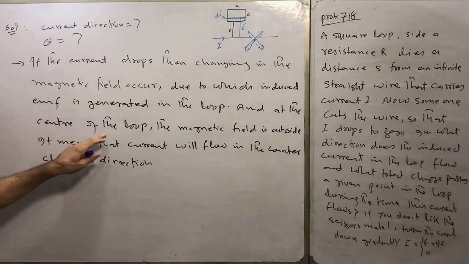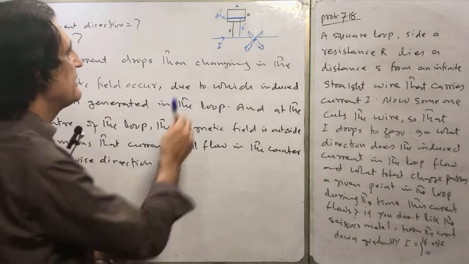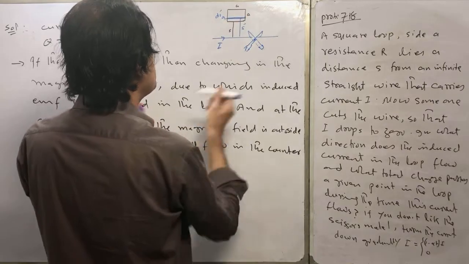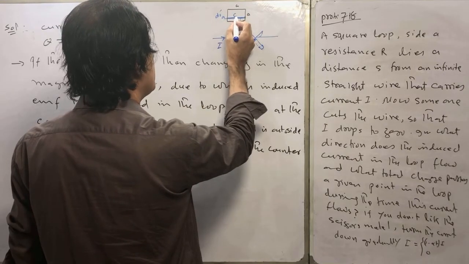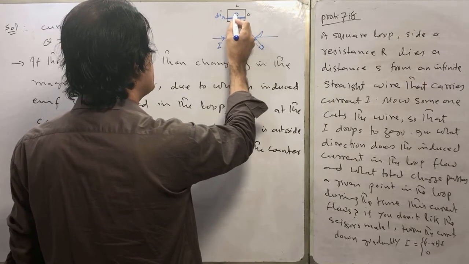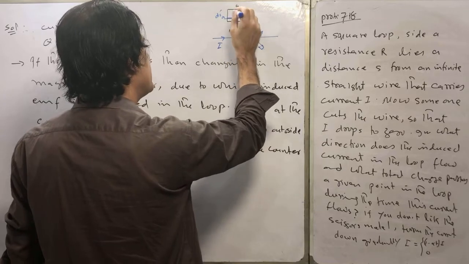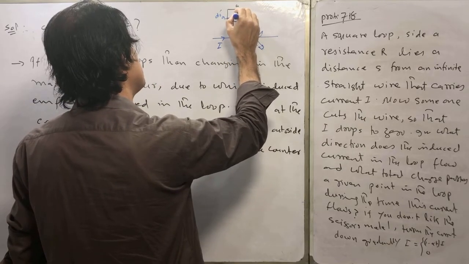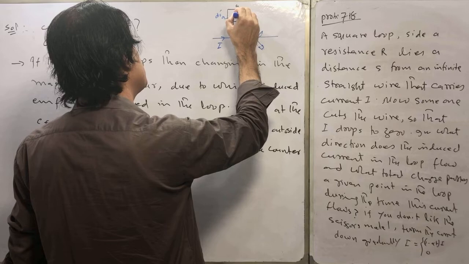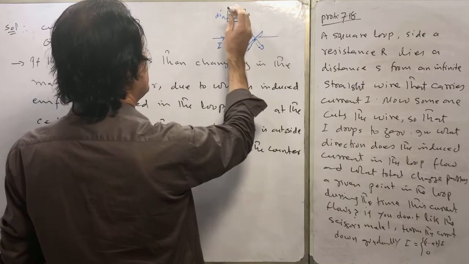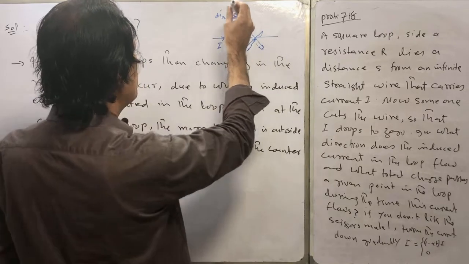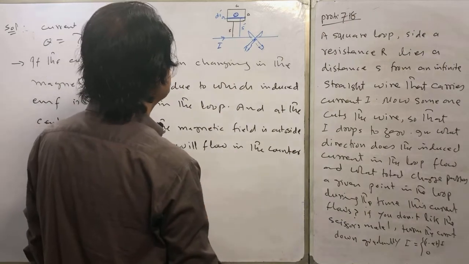At the center of the loop, the magnetic field produced by the induced current will point in this direction.